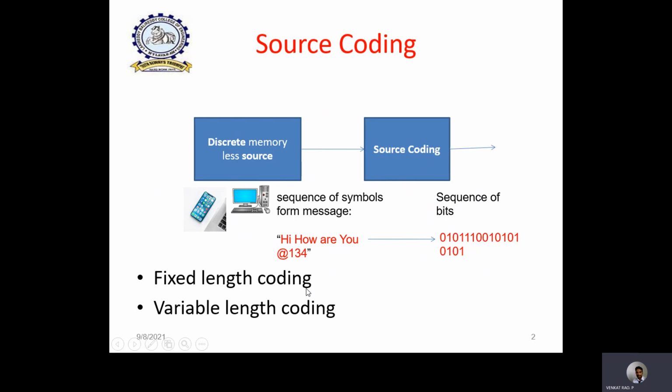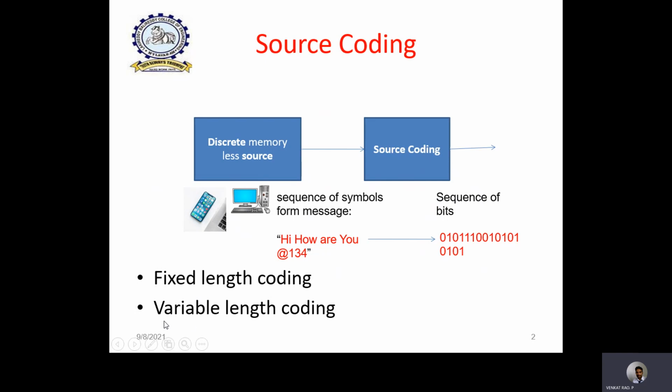Fixed length coding means the number of bits assigned to each and every symbol is the same. For example, for this message, if you assign only 3 bits for each symbol, then that is fixed length coding. That means the length of the code is fixed. If the length of the code varies, for example for H you assign only 2 bits but for Y you assign 4 bits, then the code assigned to each symbol is varying, and that is known as variable length coding.